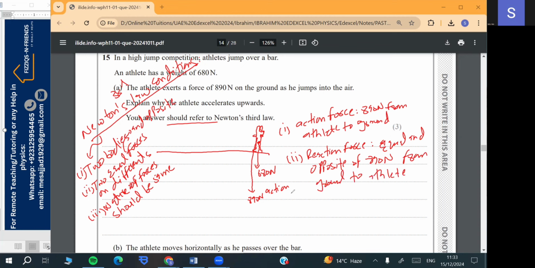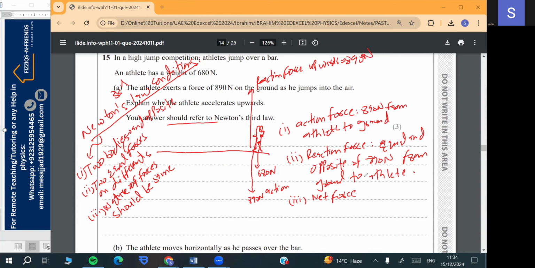Now, they are asking why the athlete accelerates upwards. This is what we need to tell. When something is accelerating upwards, it means there is some net force in the upward direction. So we need to find the net force. This is now the reaction force upwards.